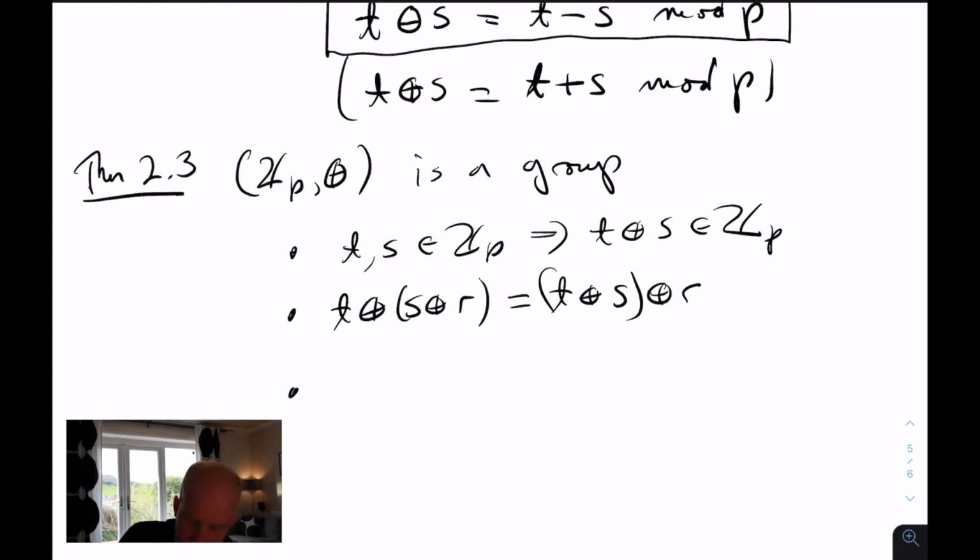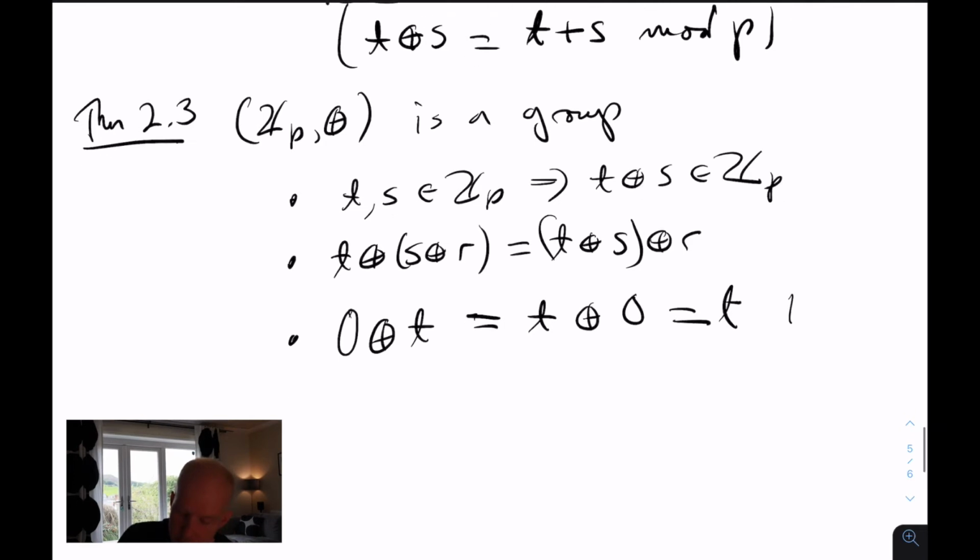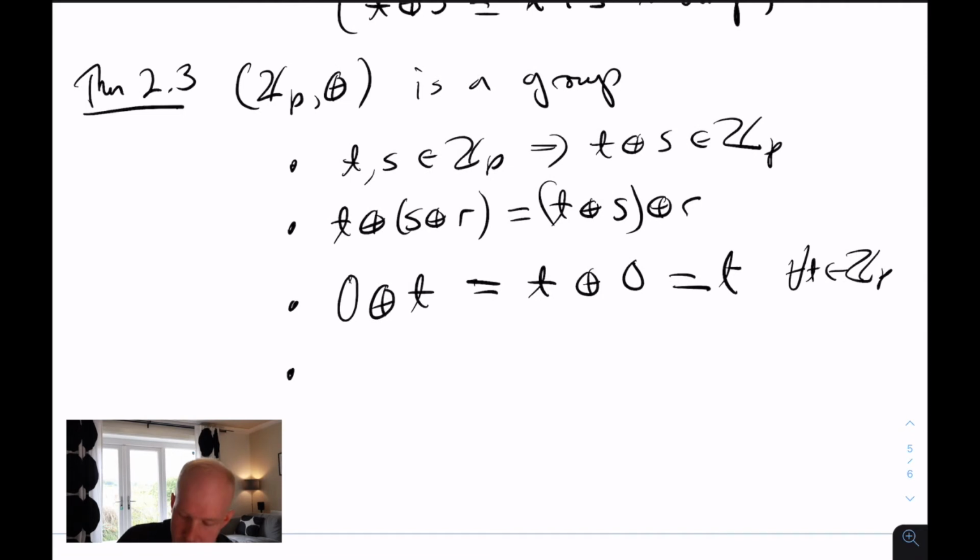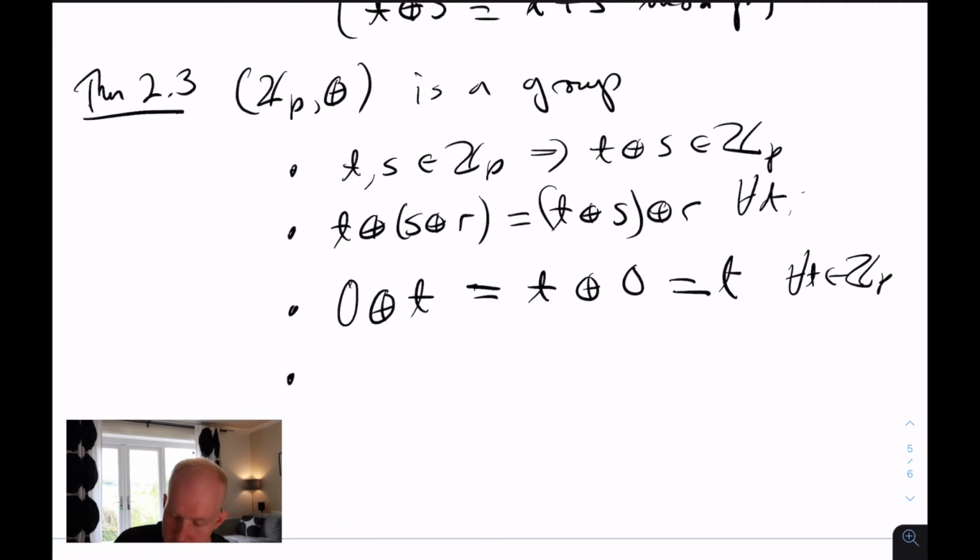And you have the identity element: the 0 here is the identity element, so it satisfies t equals t plus 0 equals t for any t in Z_p.